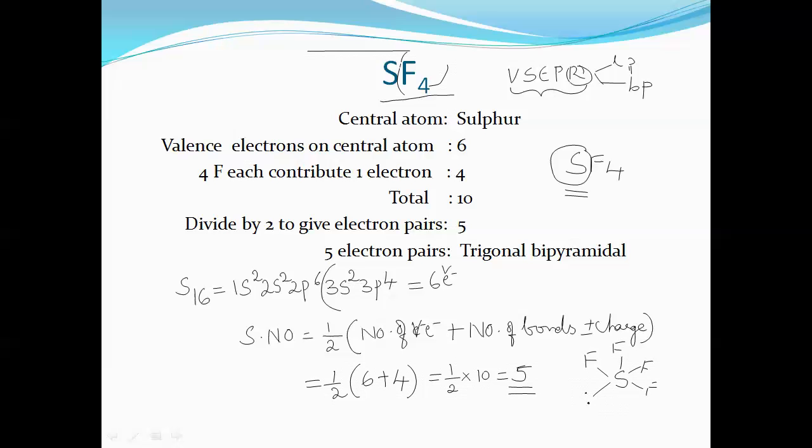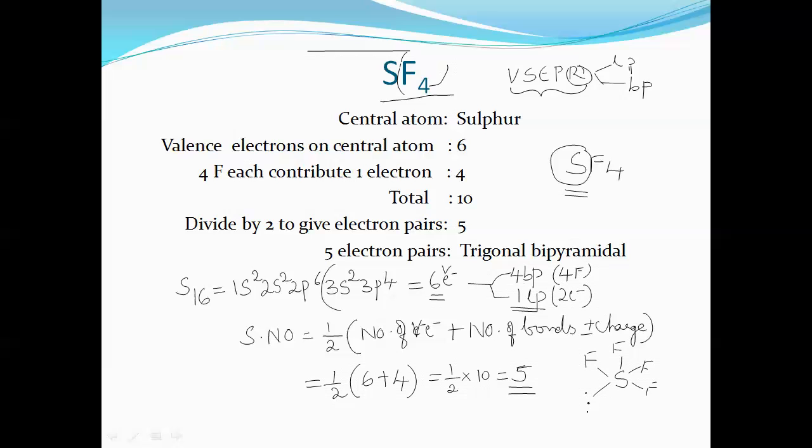The sulfur has 6 valence electrons; 4 are involved in covalent bonds with the 4 fluorine atoms, and the other 2 electrons remain as a lone pair on the central sulfur atom.